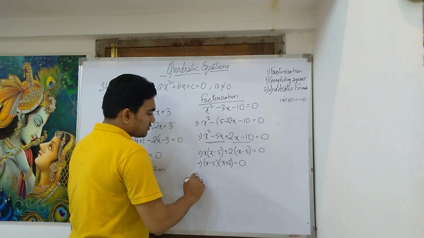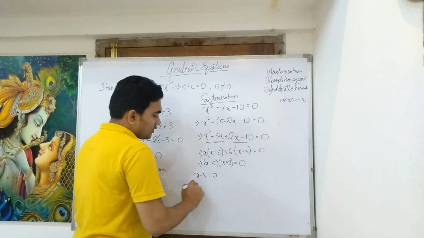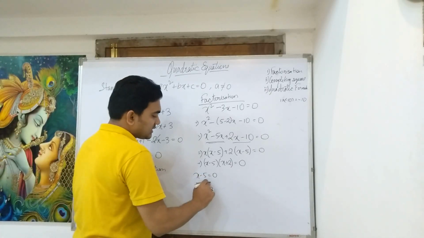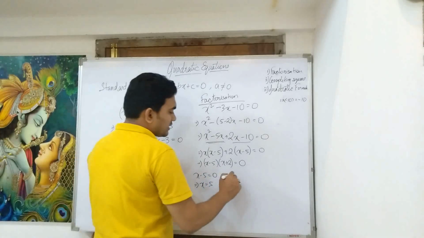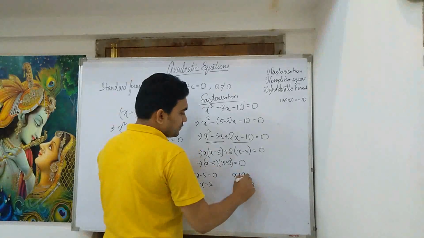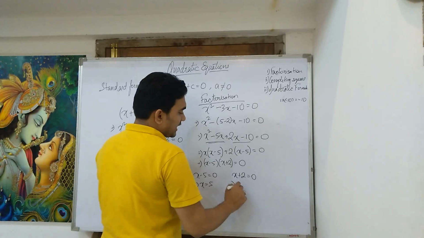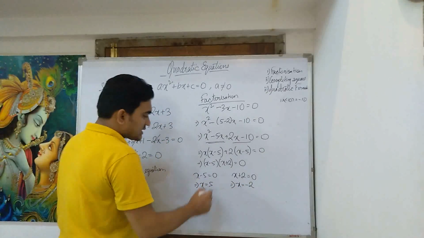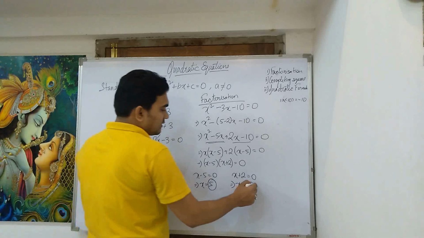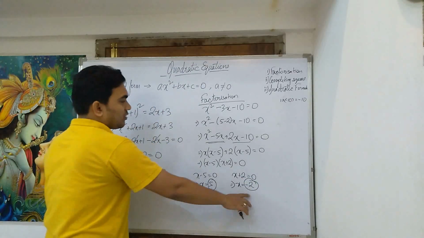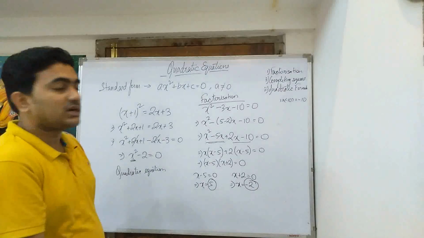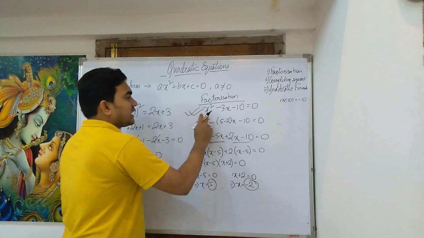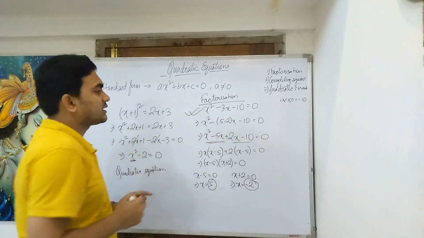One for this, we will equate this to be 0, which implies x is 5. Again we will equate this to be 0. This comes to be x equals to minus 2. So this 5 and this minus 2, they are called the zeros of the quadratic equation x square minus 3x minus 10.